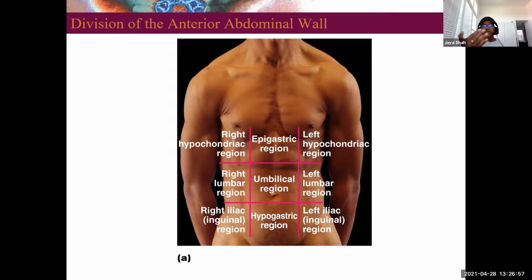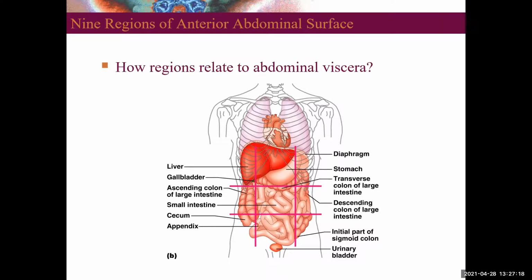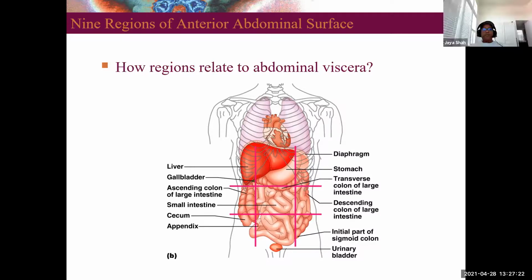So what are the organs in these regions? Here you go. Some organs are in more than one region and some regions have more than one organ. For example, if you look at this diagram, which organs span more than one region? The small and large intestine? The large intestine, the liver, the small intestine, pretty much everything.